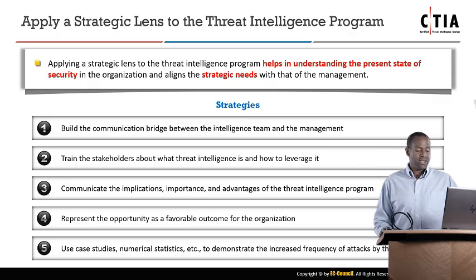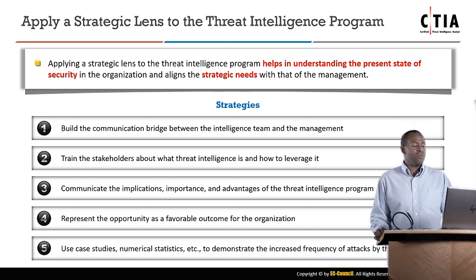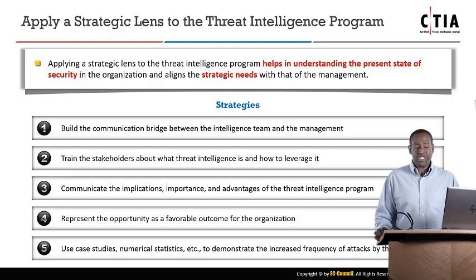And so when you look at your case studies or your statistics, it's also good to get a snapshot of what happened over the past couple of years and then project what's going to be happening in the next couple of years so that your organization has an idea of what's going on. So that's strategy. We have 5 different strategies that we can use to apply that strategic lens to the threat intelligence program.